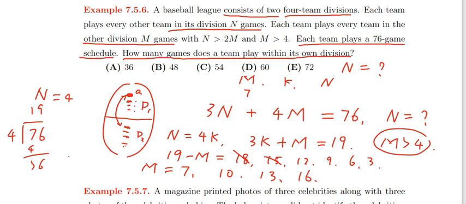What is k? 19 minus m equals 3k, so 3k is 12, so k equals 4. And then n, we said n equals 4k, so n equals 16.